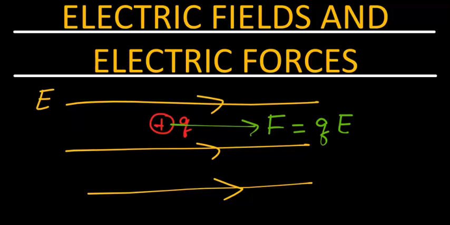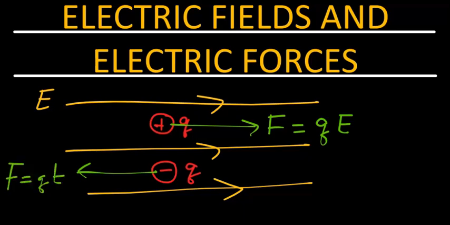And since the force is rightward, in the same direction as the electric field, this charge may move in the same direction. Instead, if you have a negative charge sitting in the same electric field, the force acting on that negative charge will be opposite to that of the electric field, with the same strength, because the two charges have the same strength, only opposite sign, and the negative charge would be moving in the leftward direction, opposite to the direction of the electric field. Simple as that.